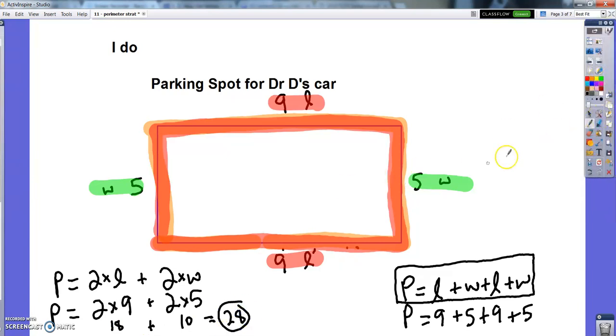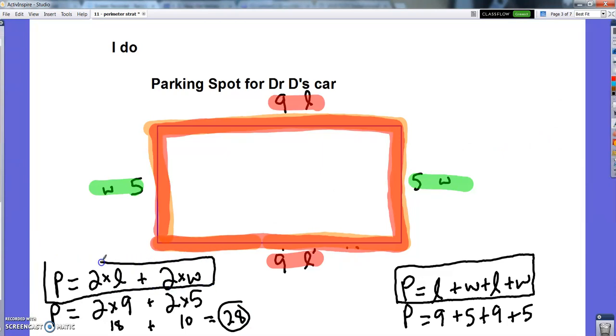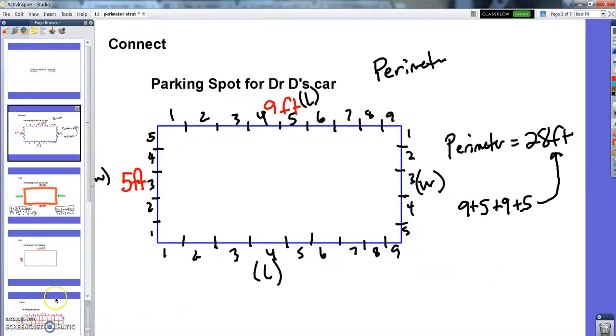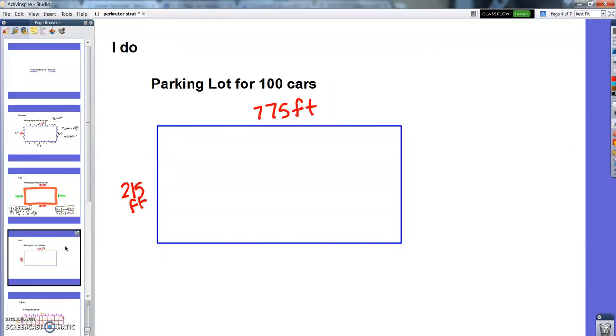So these are both formulas for perimeter that you'll see people use. 2 times the length plus 2 times the width, or length plus width plus length plus width. Either one works just fine. These are handy because here, this was no problem to do the partition or the tile strategy, and I could just count them up. But let's say I didn't want to just make a parking space, I wanted to make a parking lot. And my dimensions were really big.